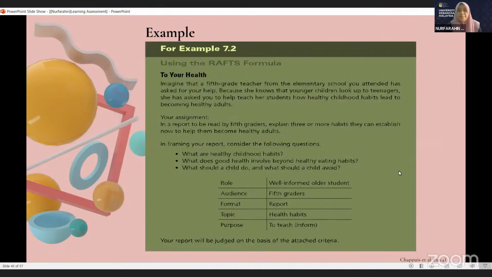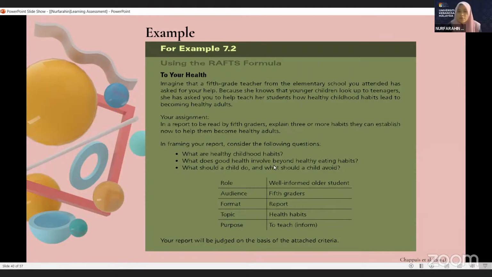Okay, this is an example on how to use RAFTS to design a performance-based assessment. For example, your assessment would be: in a report to be read by fifth graders, explain 3 or more habits they can establish now to help them become healthy adults. So in framing your report, consider the following questions.